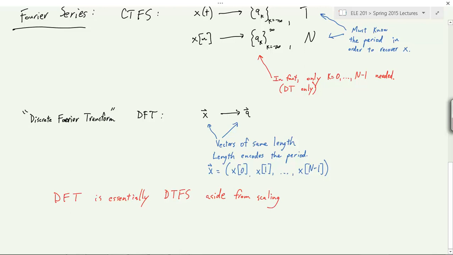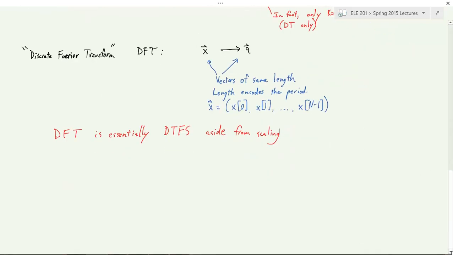I'll define it precisely in a moment, but really you should think of the DFT as the discrete time Fourier series. All right? Because if we think back to the Fourier, let's look back at the discrete time Fourier series on our way to defining this discrete Fourier transform.